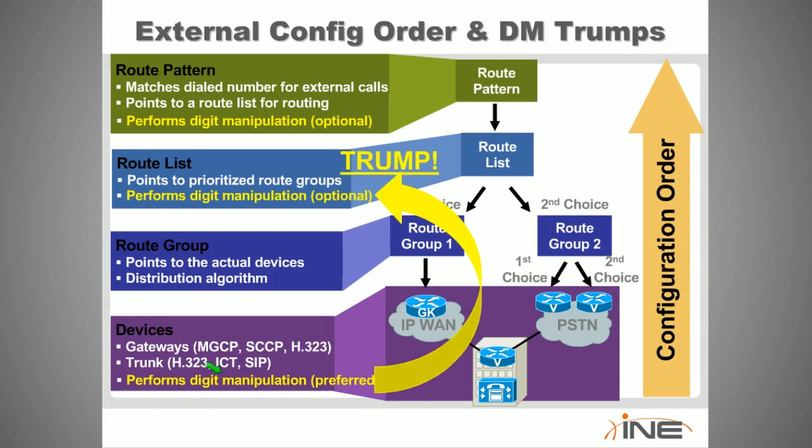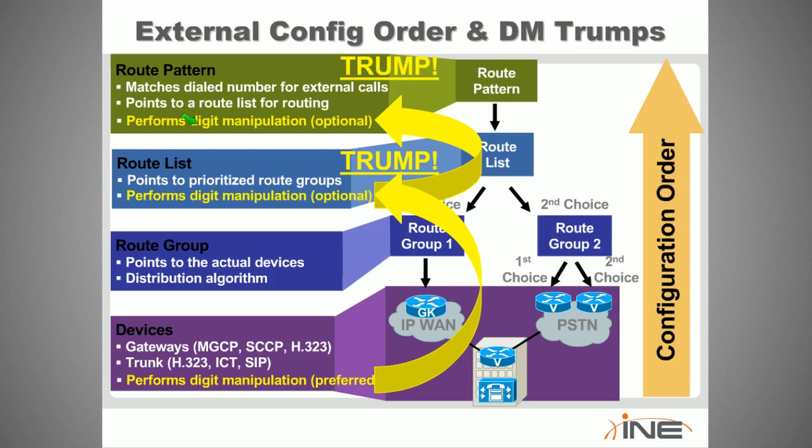In fact, what happens is anything that's done at the gateway or trunk's digit manipulation, and we're going to talk a little bit more about this in a moment, that trumps whatever was configured at the route list details. And assuming that there was nothing at the device level, then the route list details trumps what was done at the route pattern.